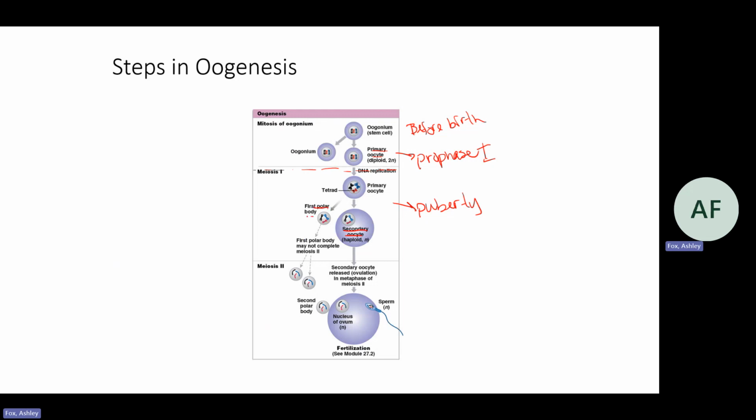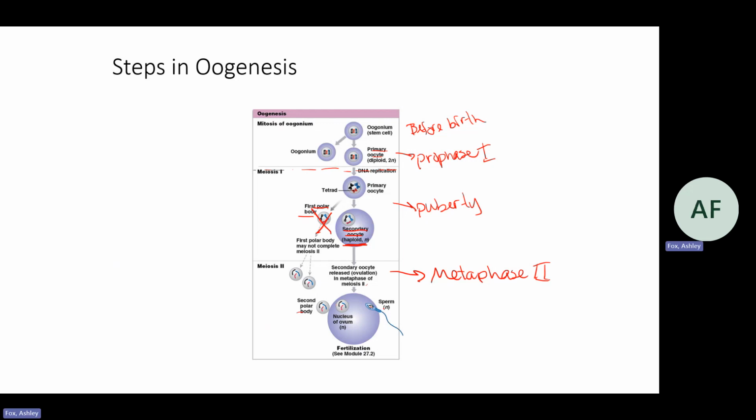And we have a polar body that we get rid of just because we have to divide the nucleus. This is half the amount of chromosomes, so we're at 23. The secondary oocyte is going to be frozen in metaphase 2, the second part of meiosis.